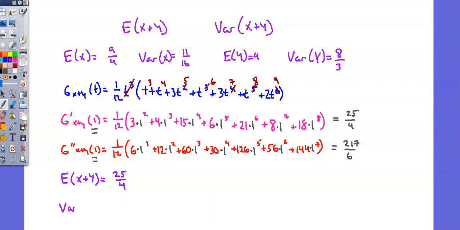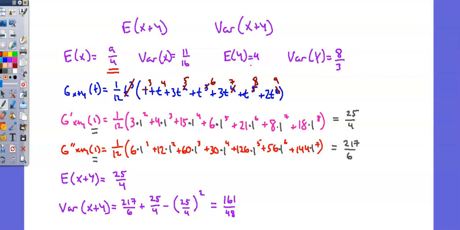And for the variance of variables x and y summed, we want the second derivative with an input of 1, 217 over 6, plus the first derivative with an input of 1, 25 over 4, minus the square of the first derivative with an input of 1, so minus 25 over 4 squared, which results in 161 over 48.